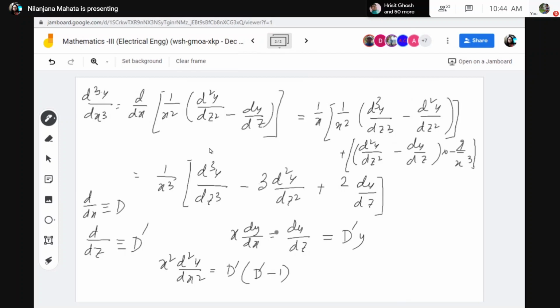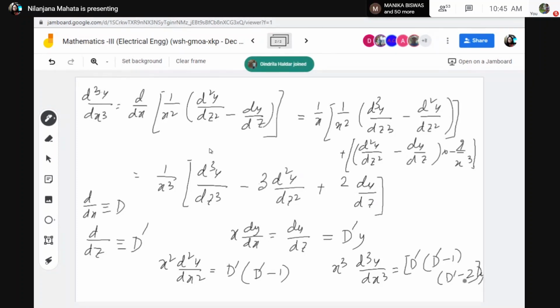Similarly, the third can be written as d dash cube minus 3 d2y/dz square plus 2 dy/dz, that will be operated on y, d dash into d dash minus 1 into d dash minus 2.